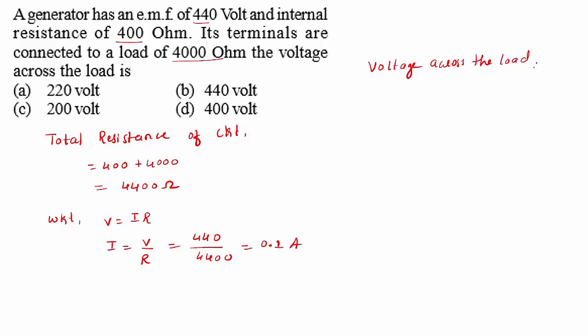Voltage across the load: V equals IR. The load has resistance 4000 and the electric current is 0.1. So the voltage across the load is 400 volt. So 400 volt means option D is correct.